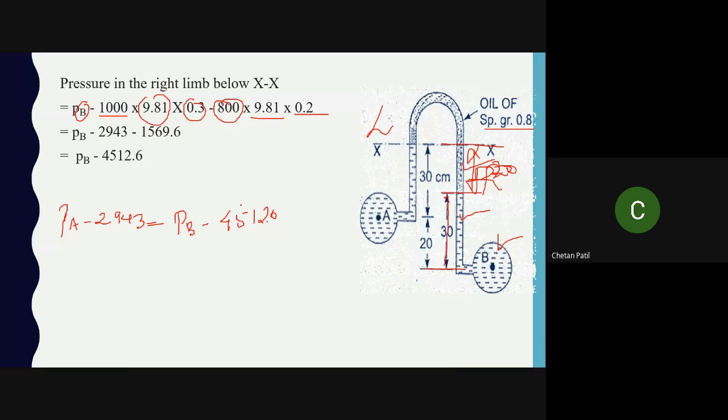So 1569.6 Newton per meter square. Yes, sir. Okay, the answer is PA minus PB equal to 1569.6 Newton per meter square.